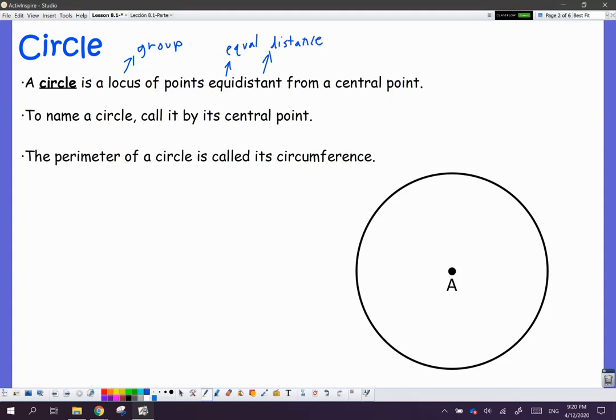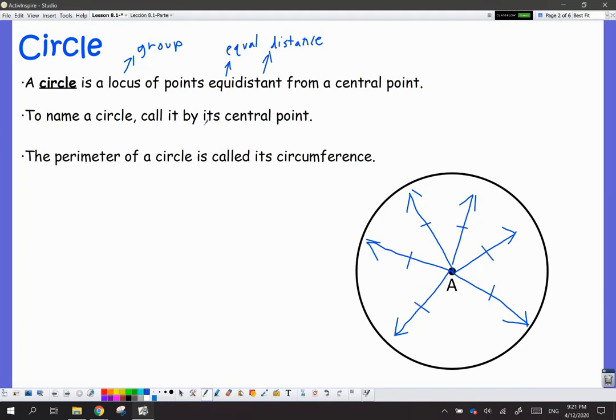So what we're saying is that a circle is a group of points that are all the same distance from a central point. You see that here, point A, I have this circle around it. So each of these points on the circle are the same distance away from point A.